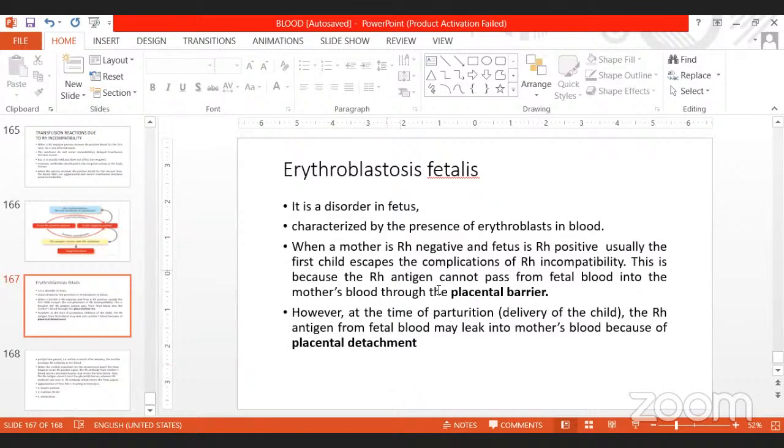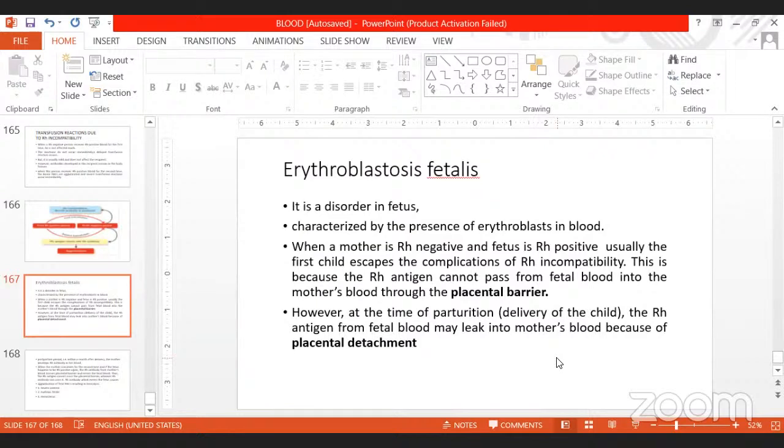This will happen when the mother is Rh negative and the fetus is Rh positive. The first child escapes the complication of Rh incompatibility, because the Rh antigen cannot pass from fetal blood into the mother's blood through the placental barrier.